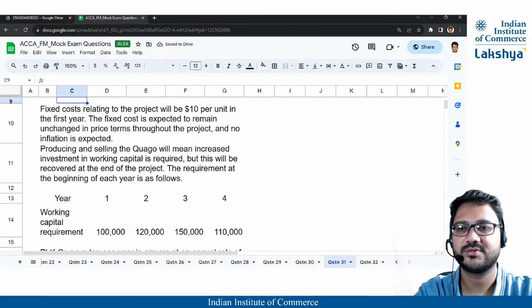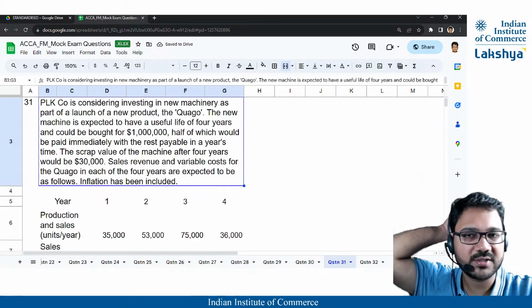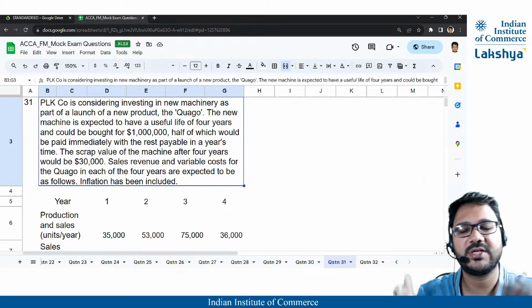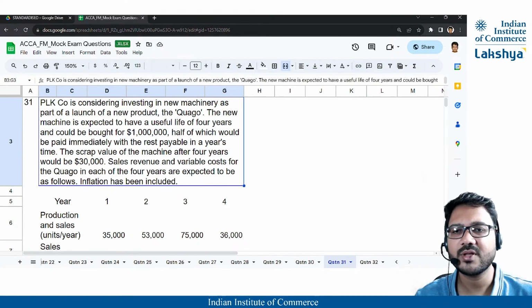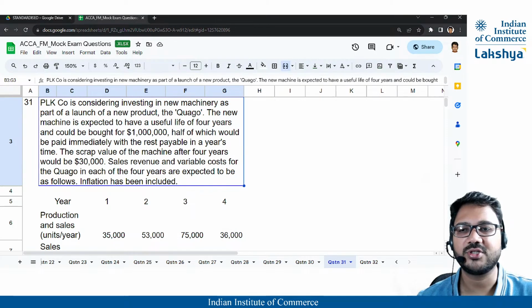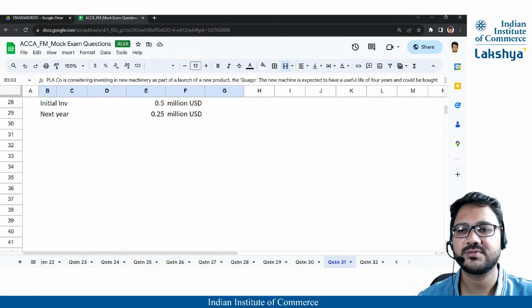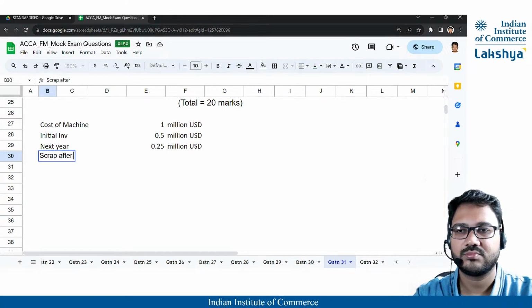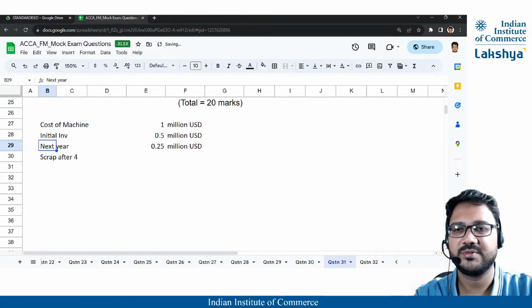All right. So this is a different one which we are not used to. So there are two capital investments, one in year 0, one in year 1. The scrap value of the machine after 4 years would be $30,000. Let me just write this as a million only.